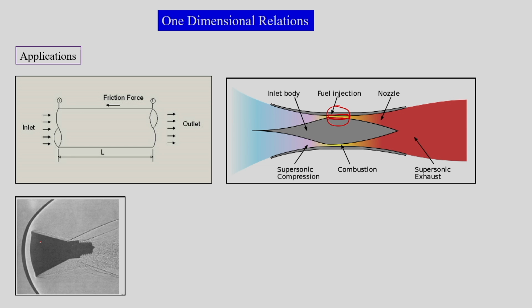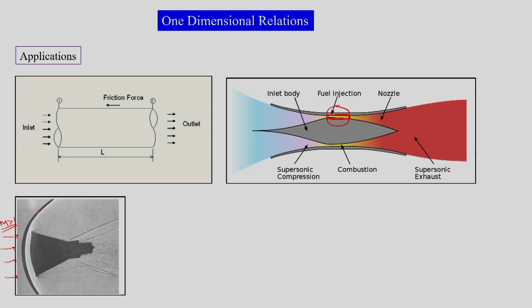Then we have one more application where we have a blunt body with a supersonic flow over it, and as we know, supersonic flow means flow having Mach number more than 1.